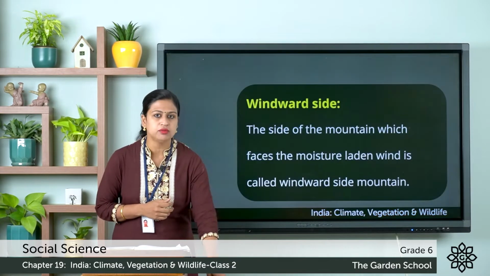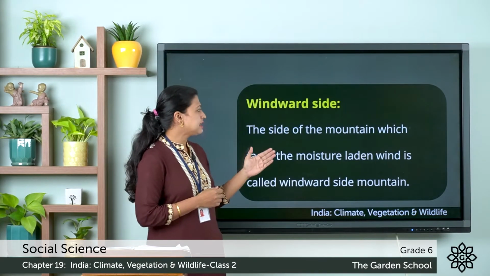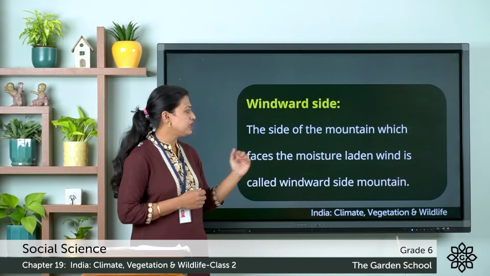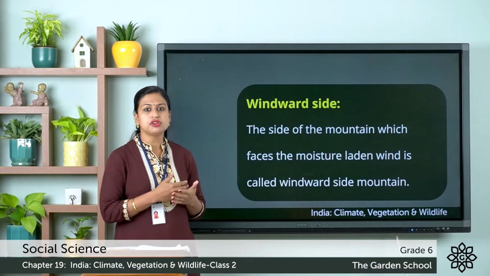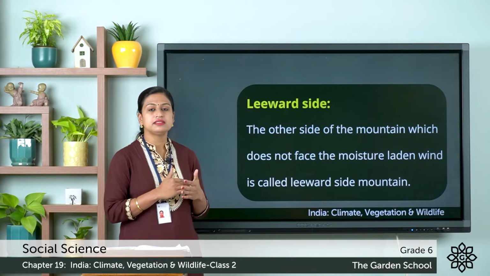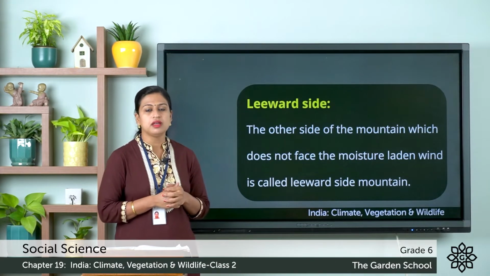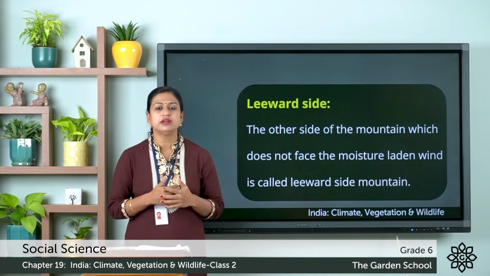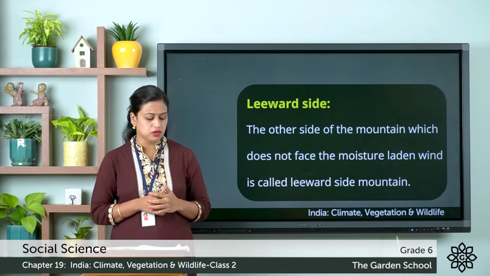So let's define it once again. The windward side is the side of the mountain which faces the moisture-laden wind, and the leeward side is the other side of the mountain that does not face the moisture-laden wind. So this was about windward slopes and leeward slopes.